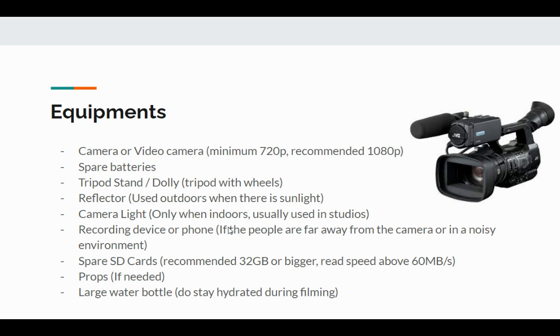Okay, recording device. A lot of people think that the camera audio is good enough, but when you're very far away, it's always advisable to have a separate recording device so that your voice quality can also be of similar high definition. If not, the voices are not uniform and it is very obvious to the audience.